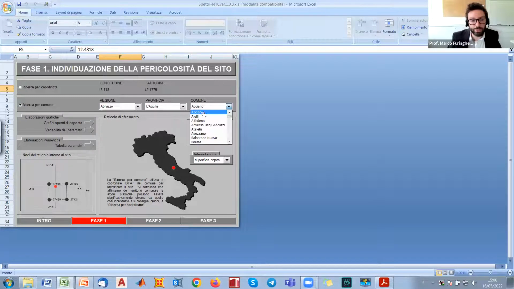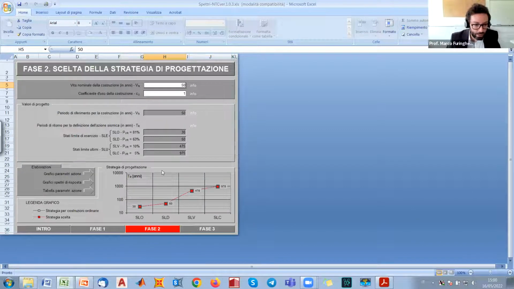L'Aquila is the province, and then the city itself. Then there is the surface interpolation among all the cities where the parameters for the seismic hazard are already defined.